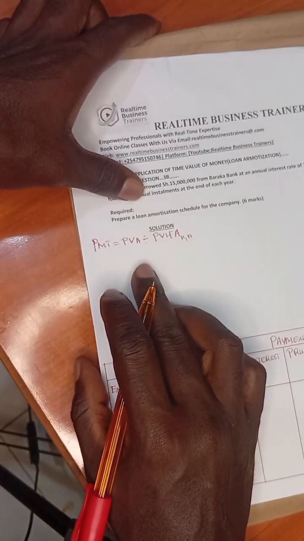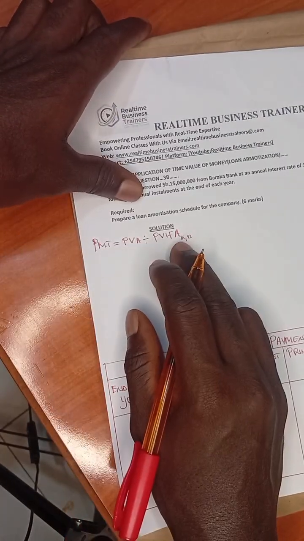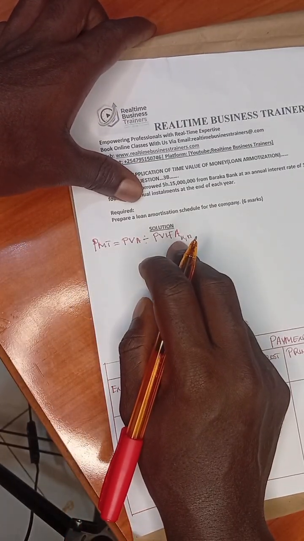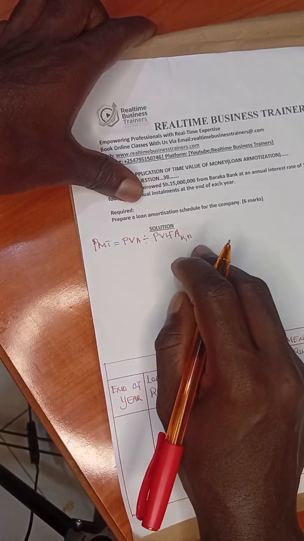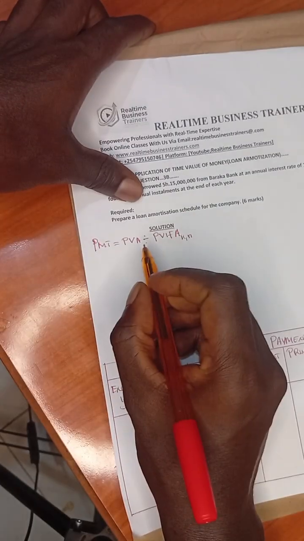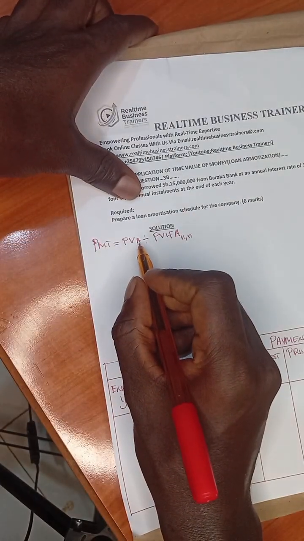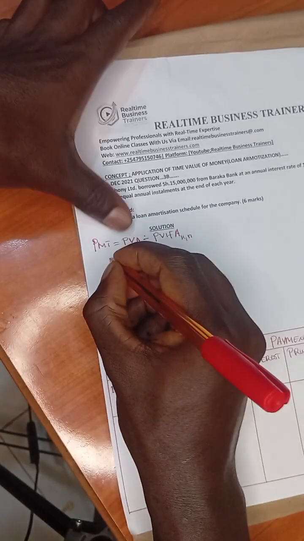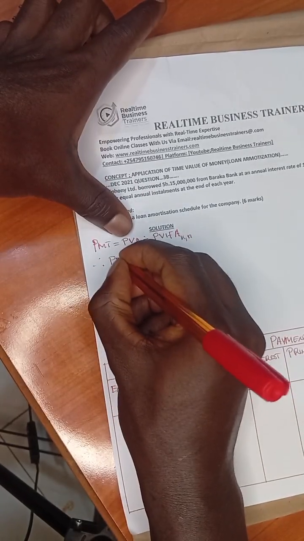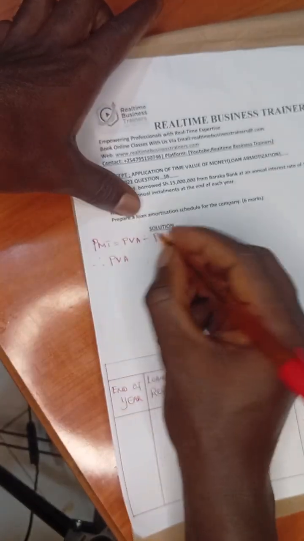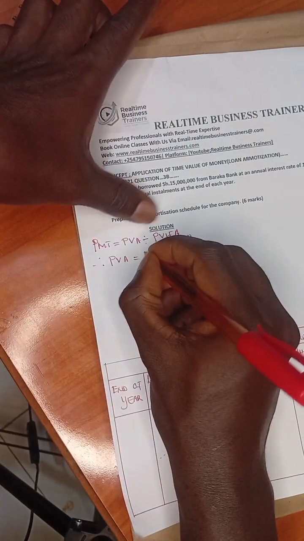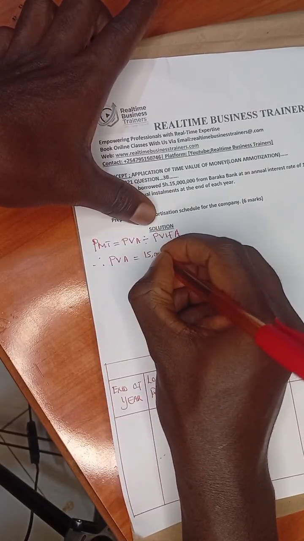As I said, when you are given the formula, you break it down. What do you have? What don't you have? In our case, we have the present value of an annuity, which is 15 million.